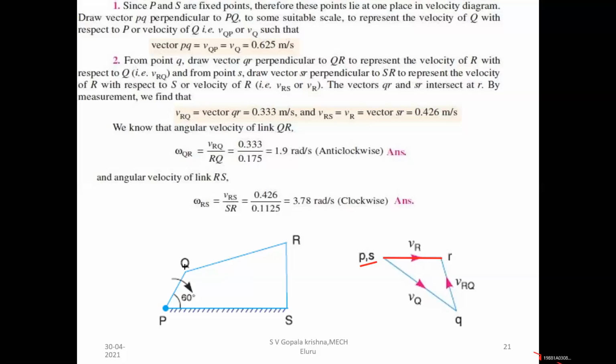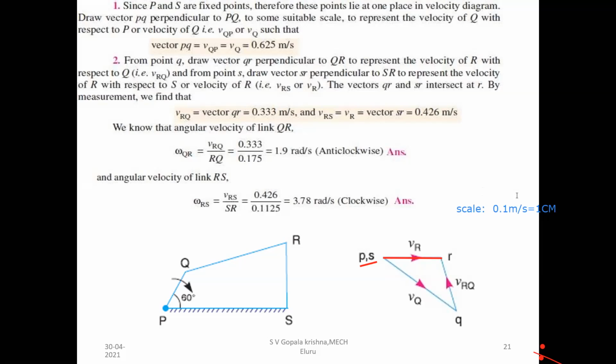Now take the scale. The scale is 0.1 meter per second equals 1 centimeter.